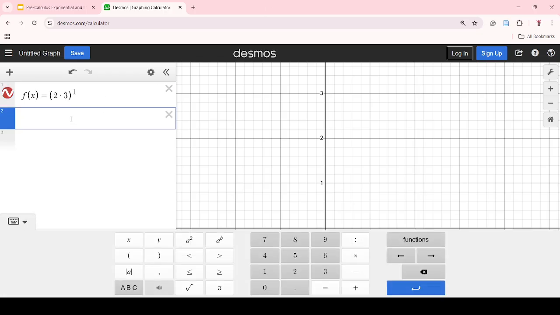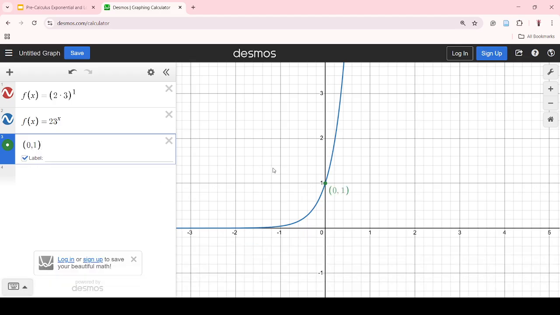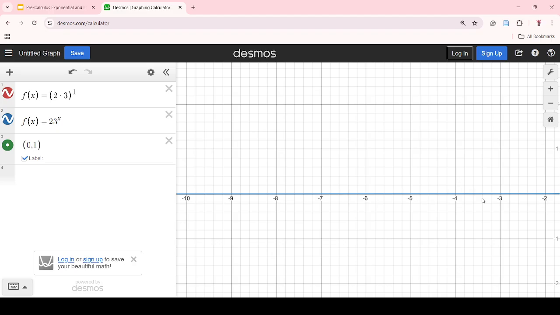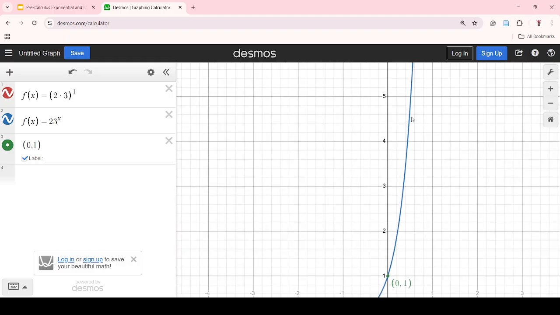So this is an example of an actual exponential function. F of x is equal to 23 to the power of x. As you see, this intersects on point 0, 1, which I will go ahead and label. It is also on the x-axis right here, and it's coming up, and then it intersects on the y-axis, and it just keeps going.